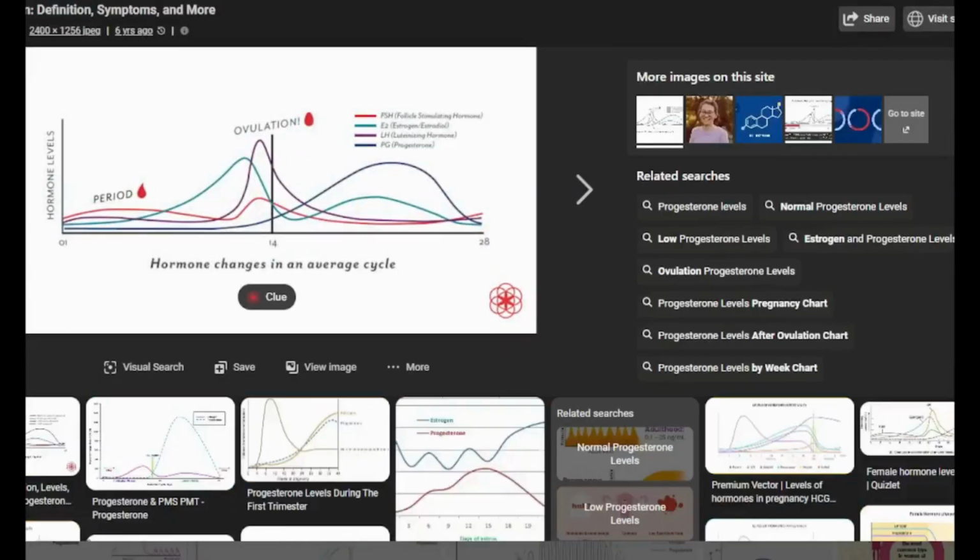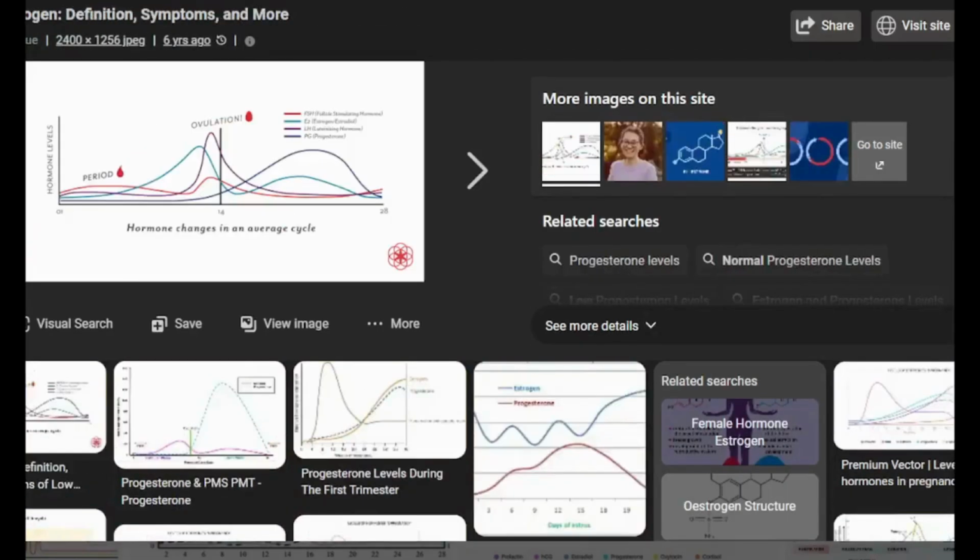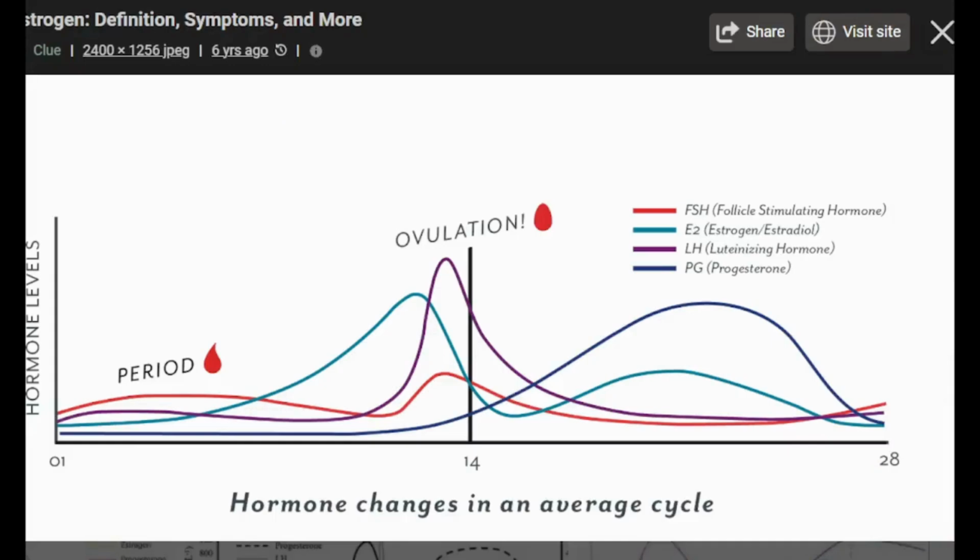Remember, now here you can see LH is our purple one. Can I zoom first? Let's see. Yeah, LH, and that's the purple one, which we can see here on the 14th day at ovulation.